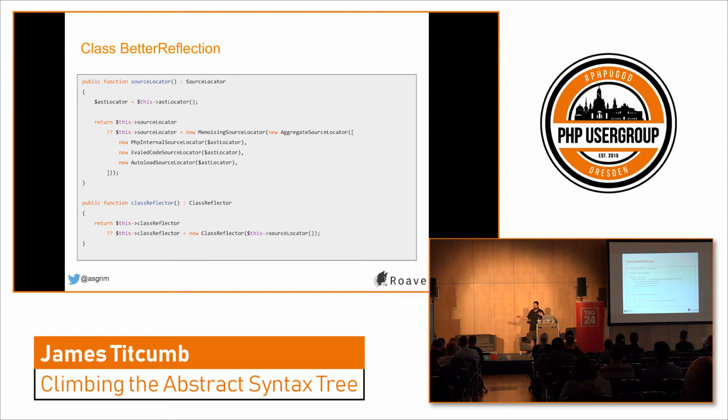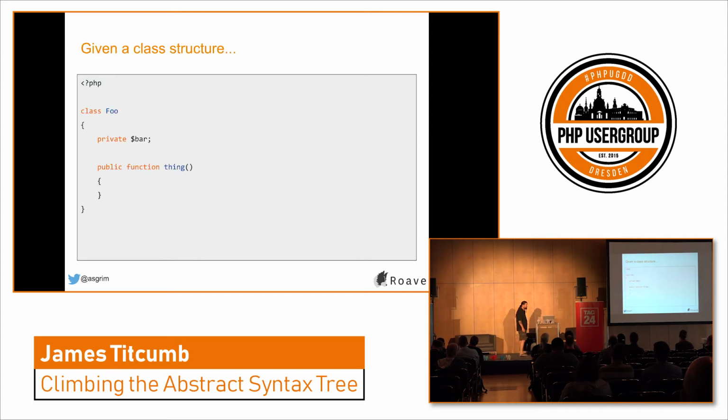If you have weird requirements or you want to load code from a string, there are other source locators you can use. All right? So the source code is then fed into PHP Parser, the AST is returned, and so on. And yeah, that's pretty much how that works. So, given a class structure, a fairly simple class, I think. It's got a property and a method.